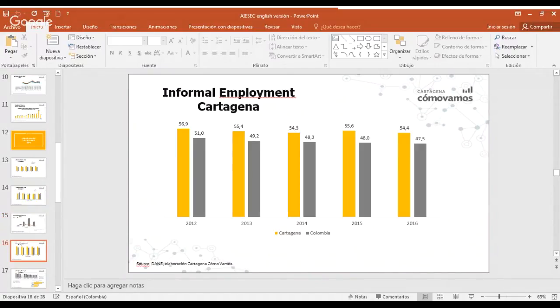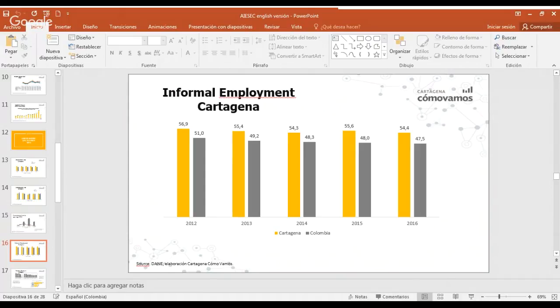About informal employment, as we were talking about the employment rate that was 64.4, 50% of people who have work are working in the informal market or have a self-activity, that is a self-employment activity.